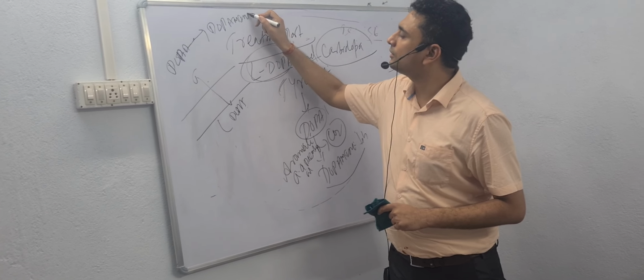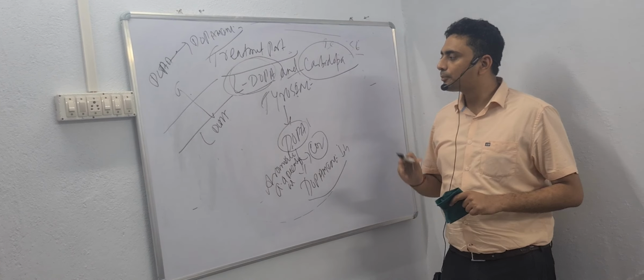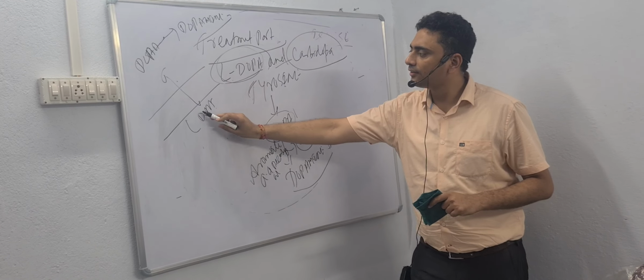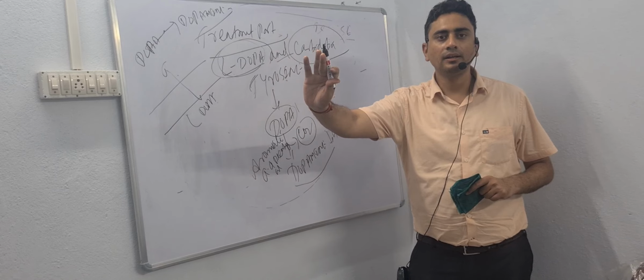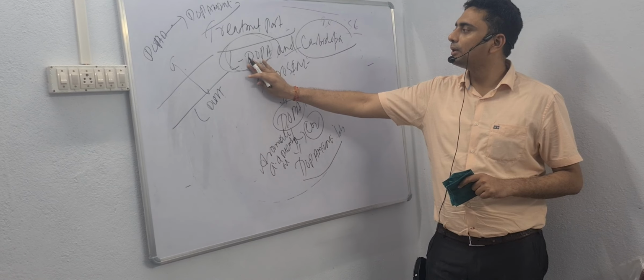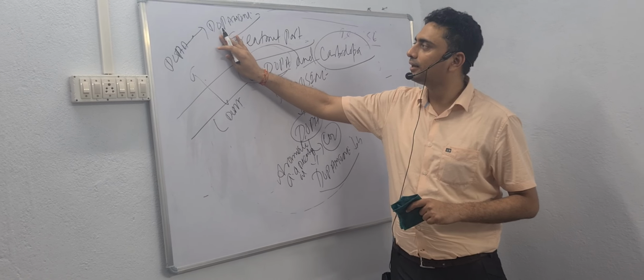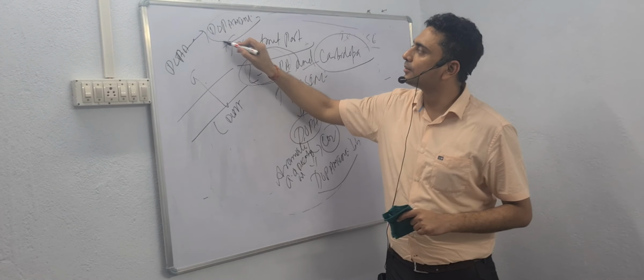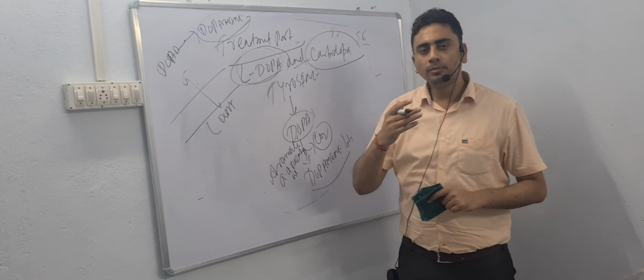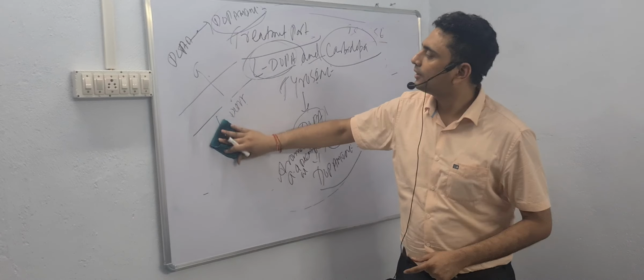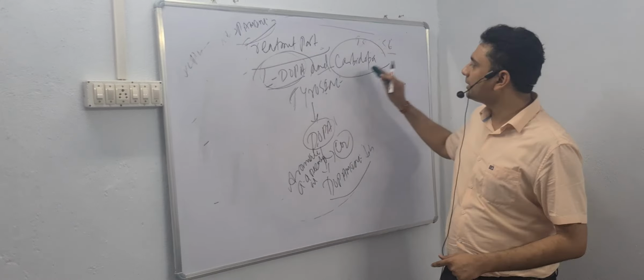But the only problem is, if you give only L-dopa, there is a tendency that before reaching the brain, all this L-dopa will be converted into dopamine. So the brain won't be getting this dopamine, and the dopamine level in the brain will still be low. So we give L-dopa along with carbidopa.